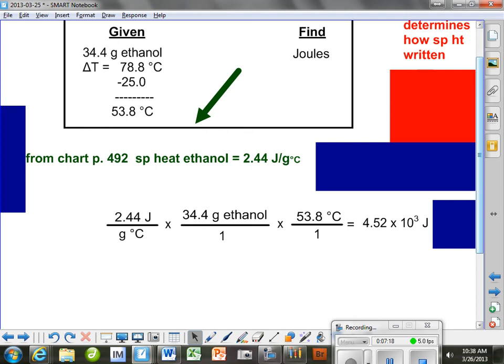Are you writing this down? Good. 10 to the third came from this number, because when we calculate all of this out, it will be 4,520. And all we did was put that in scientific notation, which would be 4.52. We only have 3 sig figs in the numbers here.